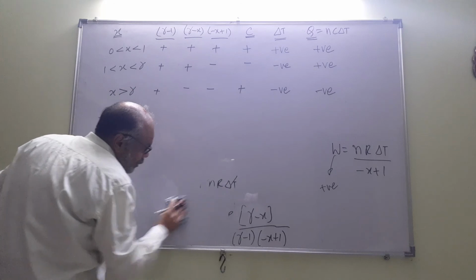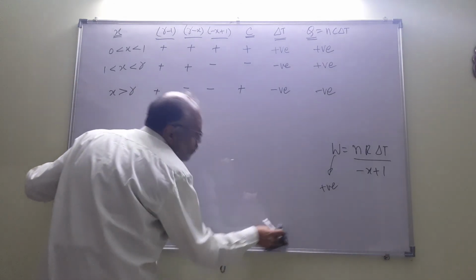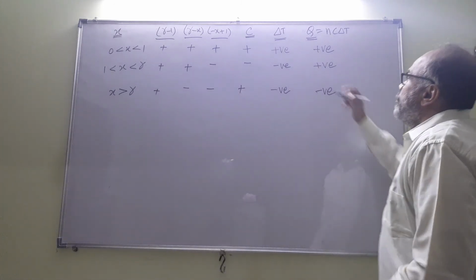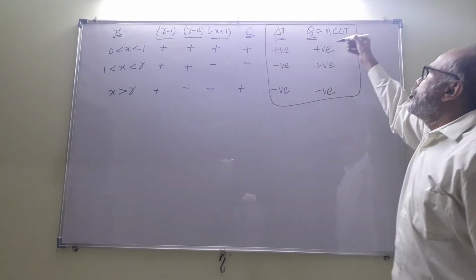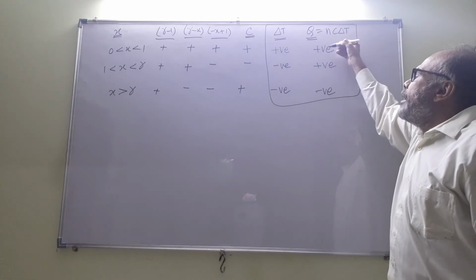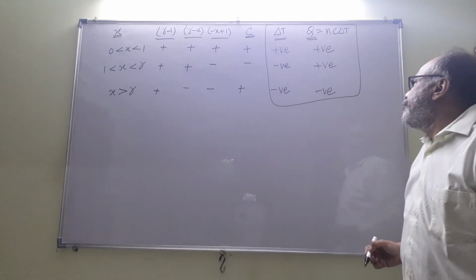Now, the interesting thing to see here is the sign of Q and delta T. When Q is positive, you're supplying heat and the temperature of the gas increases. Quite understandable.